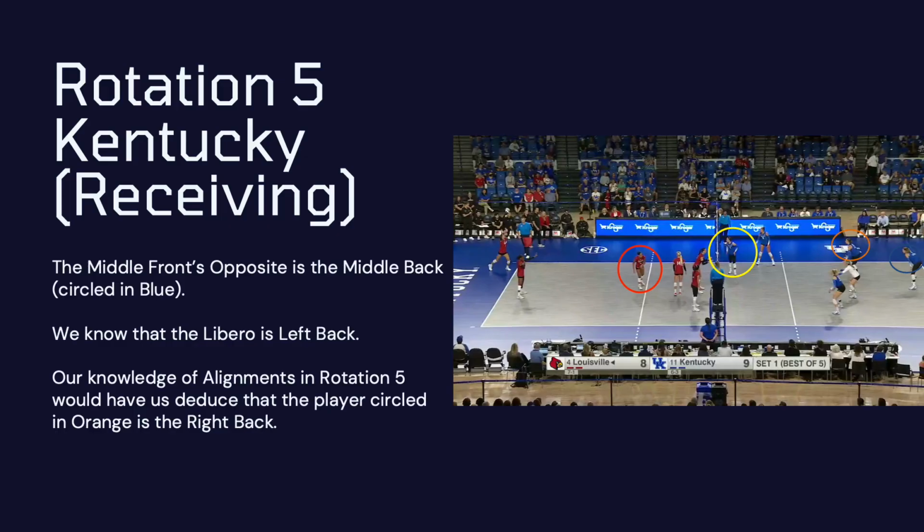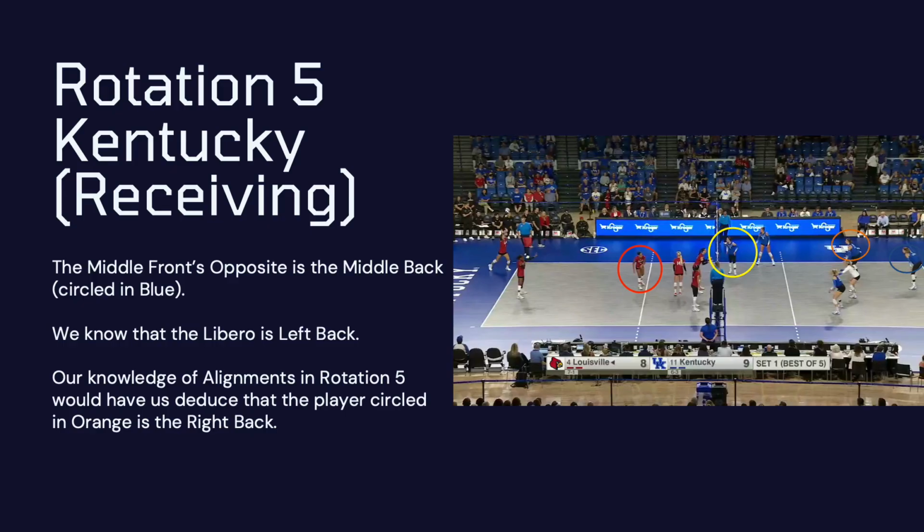But if we include opposites now, and we have been paying attention to the setter and the opposite, the middle front's opposite is the middle back, circled in blue. Hopefully we've been doing a good job throughout the match of keeping up with our setters and their opposites. We know our libero is a back row player, so now we know two of our three back row players for Kentucky.